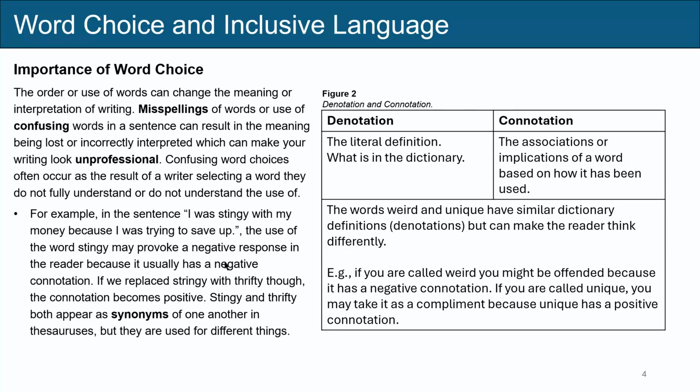So make sure you understand the words you are using. It is better to use simple and plain words that you understand rather than use fancy or academic words that might not be used correctly, and then create a confusing sentence or confusing set of sentences based on how you're using it.